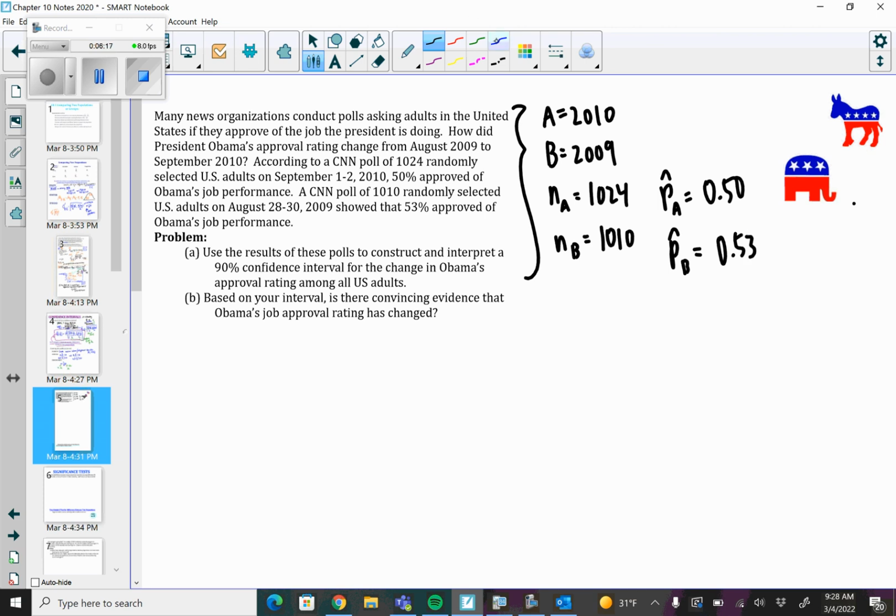So let's do our good old confidence interval. Everything is the same as before. State. We need to tell the reader what we are doing.